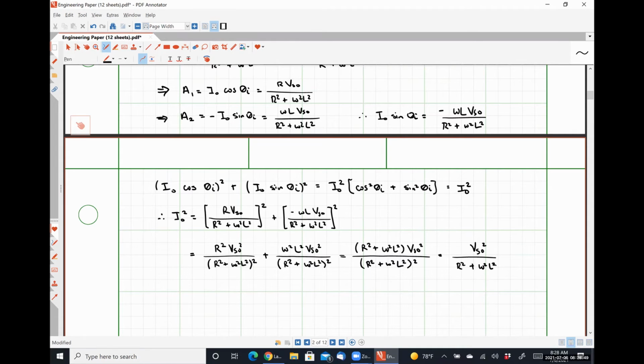So I squared everything as I was supposed to do. I grouped like terms and see that I have a factor in the numerator that is the same as the factor in the denominator, except the denominator is squared. Cancel those guys out. And finally, I naught must be the square root of this result. So that would be Vs naught divided by the square root of R squared plus omega squared L squared.